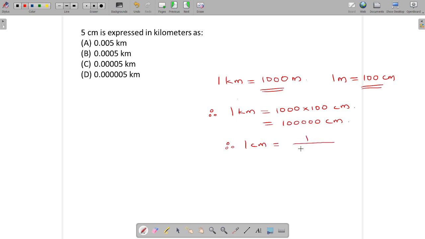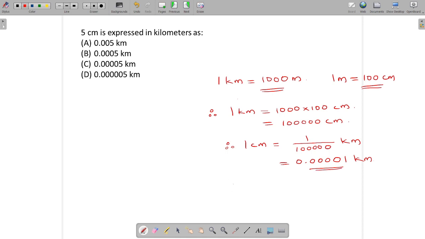Therefore, what about 1 centimeter? 1 centimeter is 1 by 1 lakh kilometer. So in decimals, we can write it as 0.00001, because 5 decimal places are required.